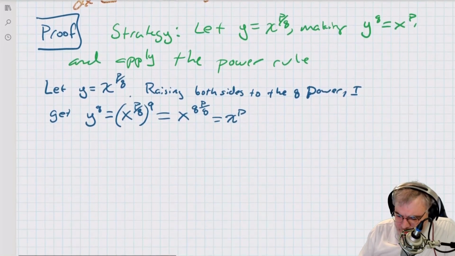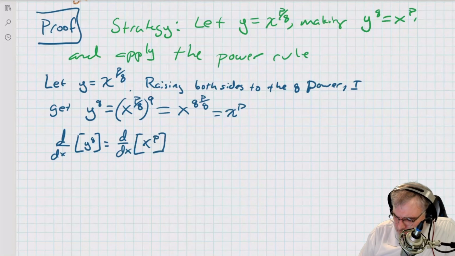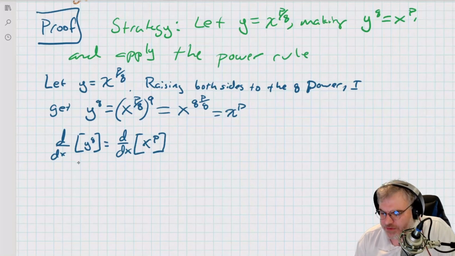So now I'm going to take the derivative of both sides with respect to x, and I get d over dx of y to the q equals d over dx of x to the p. All right. Now I'm going to apply the power rule to both, because I know the power rule for integers.